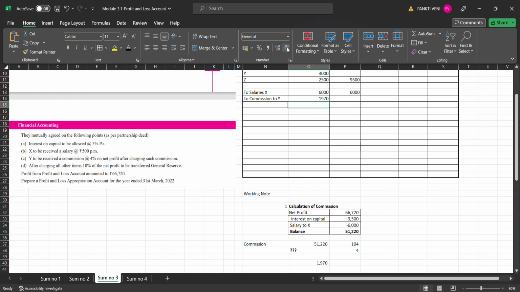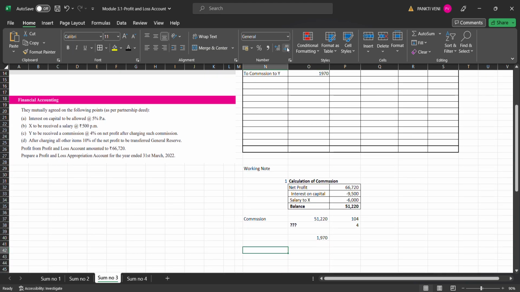Then I have, after charging all other items, 10% of net profit to be transferred to general reserve. So after charging all the items, we are required to transfer 10% to general reserves. Now, my net profit after commission: I have subtracted everything and am just required to subtract commission.